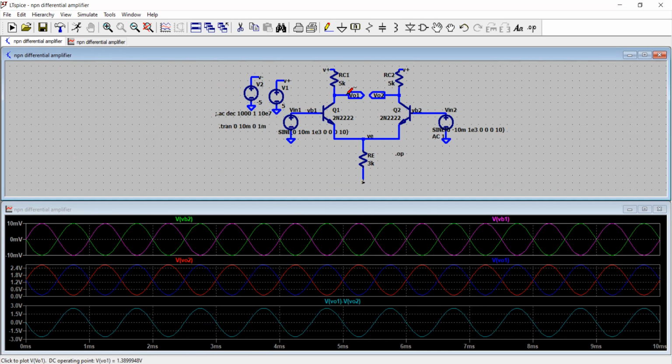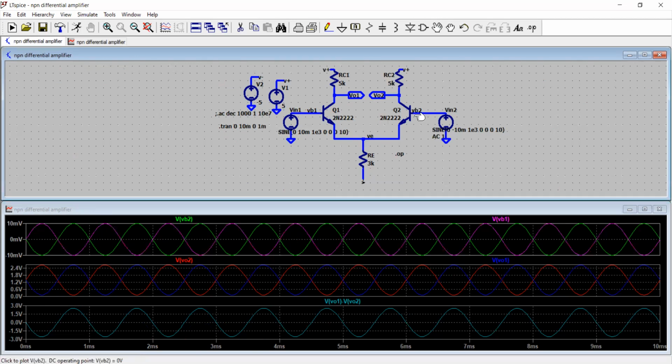The DC bias level is here 1.38 volts. And from that, I have the swing, negative swing. So you see, VB1 is the pink line in the top graph, and in opposite phase, I have this VO1. So how much is the amplification, that I will just tell you in a moment.